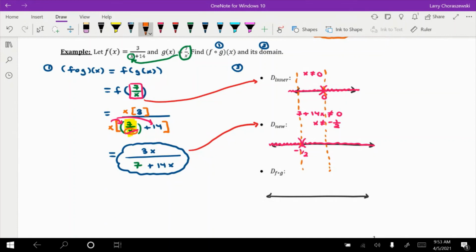And let's figure out what's in common between both number lines. Is what's to the left of -1/2 in common between both number lines? Yep, so anything to the left of -1/2 is common. Is the stuff in between -1/2 and 0 in common?